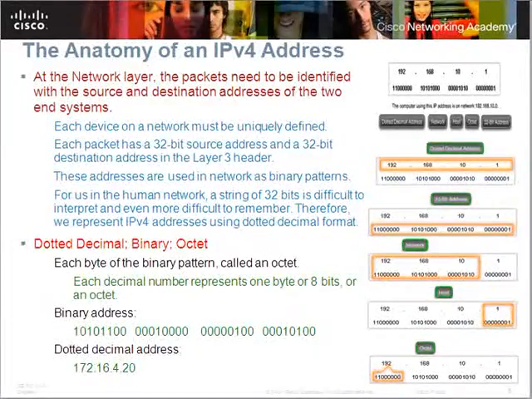For example, we have host A and host B. Host A is sending some packets to host B. Packets are how the network layer sends its communication. So host A will have a 32-bit source address and host B a 32-bit destination address, and we'll be using a layer 3 header, which is nothing but the IP header. We have the IPv4 header as well as the IPv6 header. We are discussing the IPv4 header.